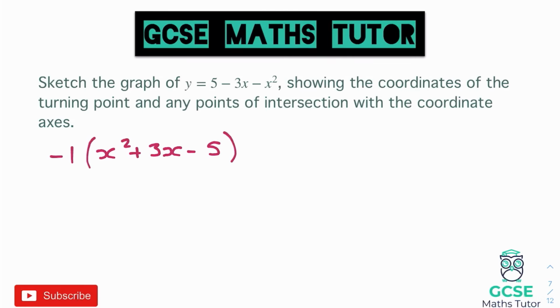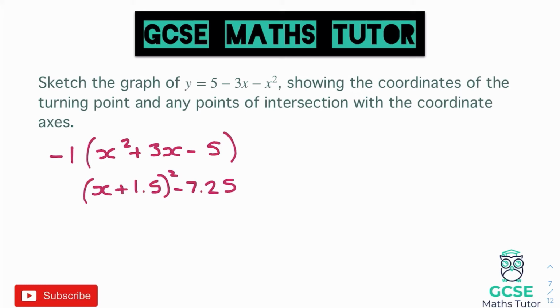Now if we complete the square for this, it's not too difficult, particularly as we have a calculator, but we get (x plus 1.5), or you could leave it as the fraction 3/2, squared. When you expand that bracket, 1.5 squared is 2.25, and we need to get back to negative 5. You can do that on the calculator if you need to, but we're going from 2.25 down to 0, and then an extra 5. So we're going to have to take away 7.25 to get down to minus 5.